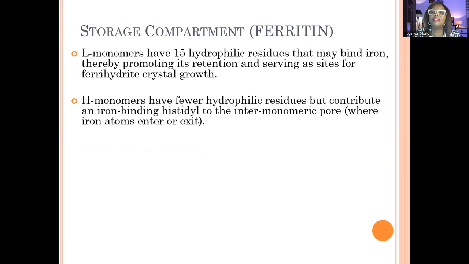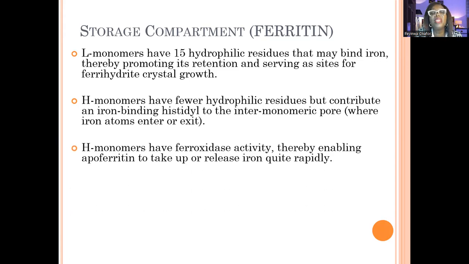While H monomers have fewer hydrophilic residues, they contribute in binding iron and also releasing iron readily. H monomers have peroxidase activity, thereby enabling apoferritin to take up iron and also release iron quite rapidly.